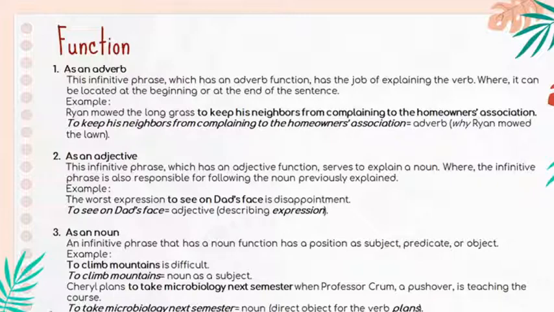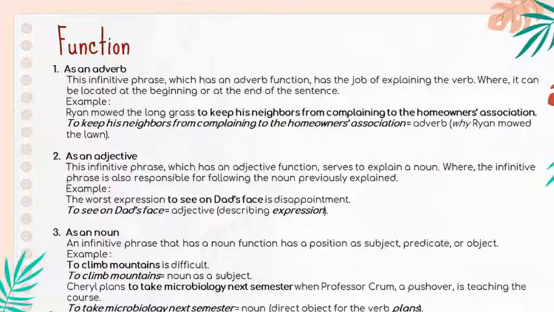And then the next function is as a noun. An infinitive phrase that has a noun function has a position as subject, predicate, or object. For example, first, to climb mountains is difficult. To climb mountains is a noun as a subject.